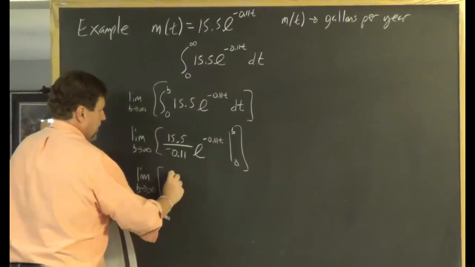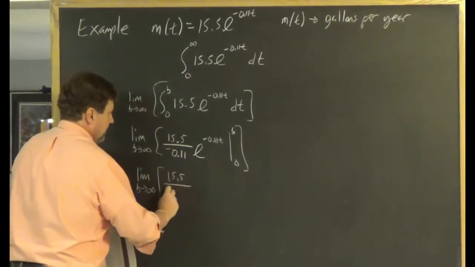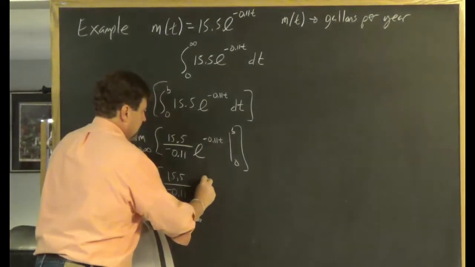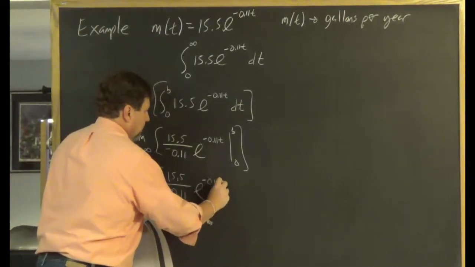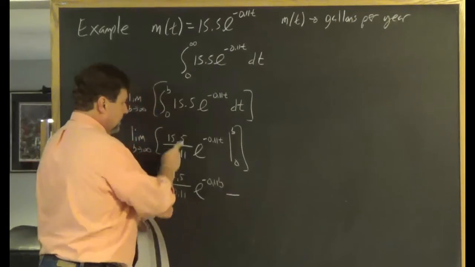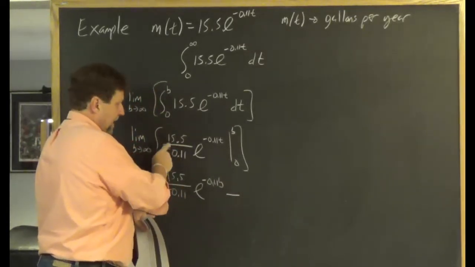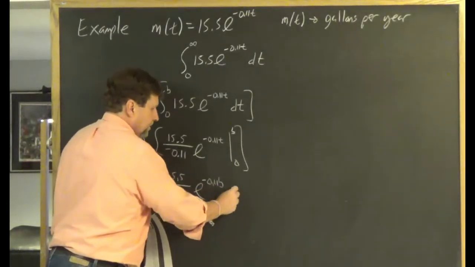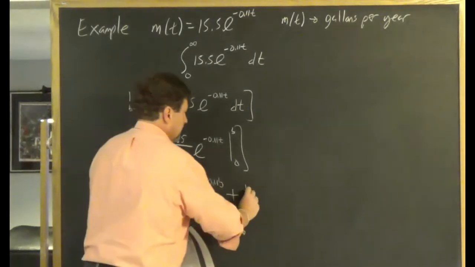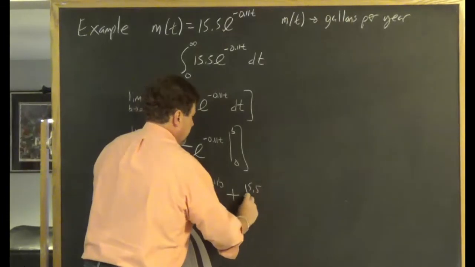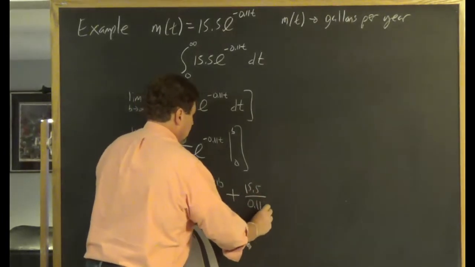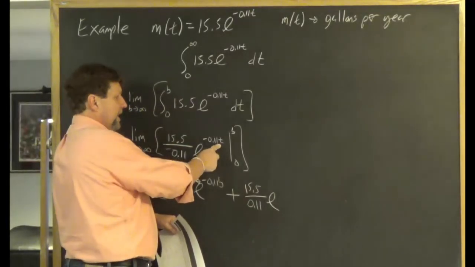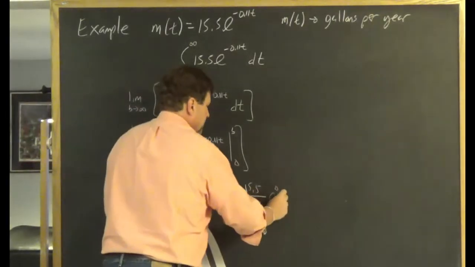All right, so now we use the fundamental theorem of calculus. So we'd have e to the negative 0.11b minus, well, positive divided by a negative is negative, so it's minus a negative, make that plus, 15.5 over 0.11 e to the, now when 0 comes in here for t, that exponent's going to become 0.